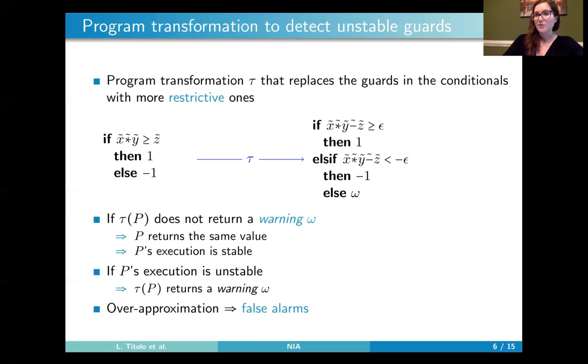And we are going to emit a warning in this case. Of course, since epsilon is an over-approximation of the error, we can get some false alarms. So this means that we can have a warning even if the original program has no unstable guards.